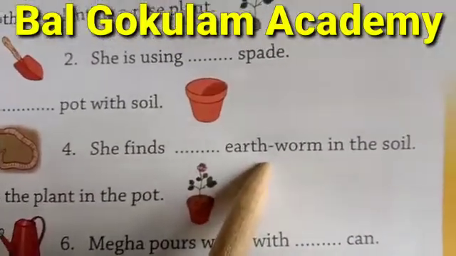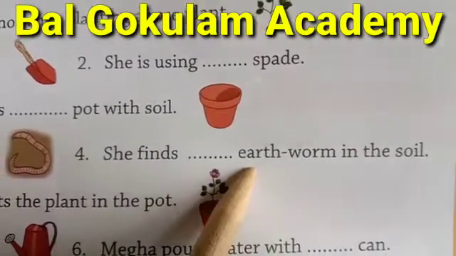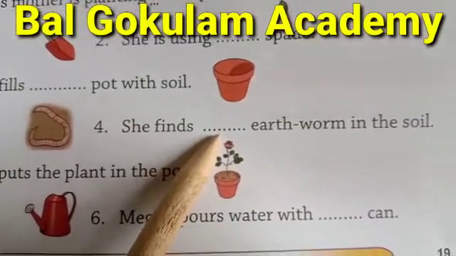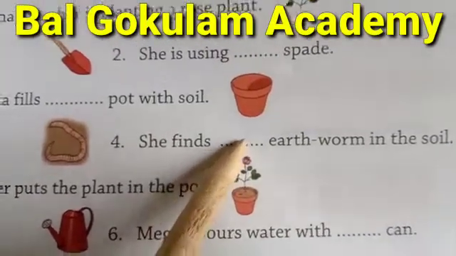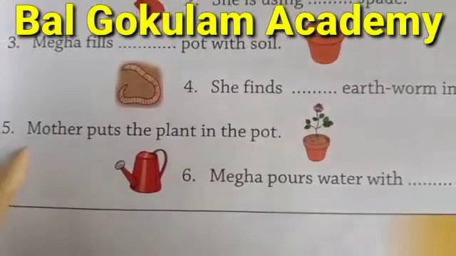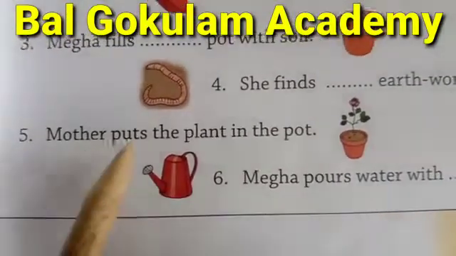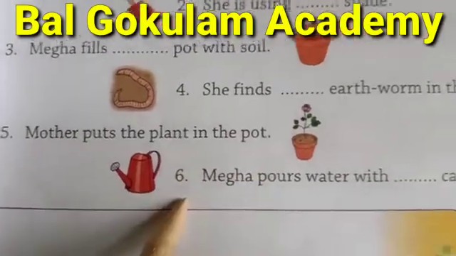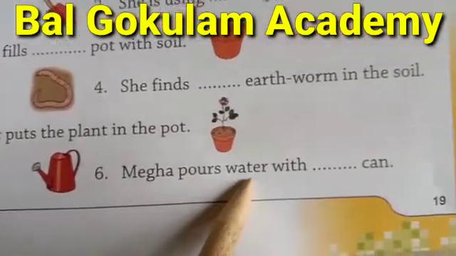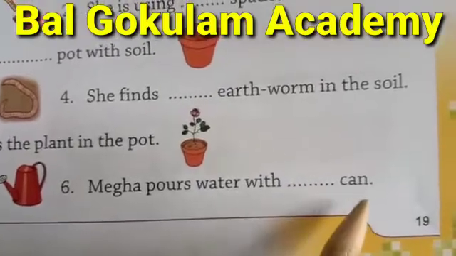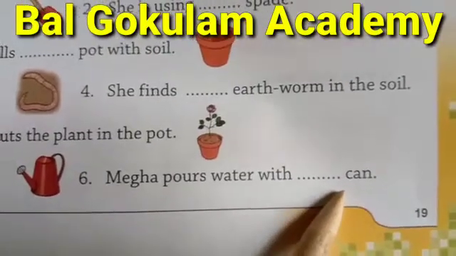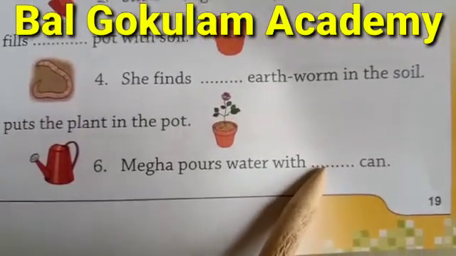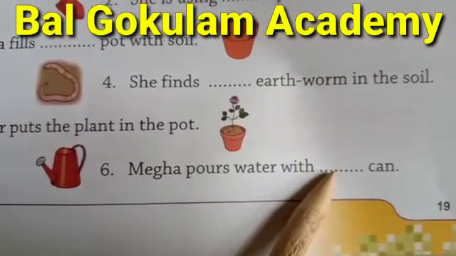Here the word earthworm begins with vowel sound, so we use here the article an. Fifth, mother puts the plant in the pot. Sixth, Megha pours water with a can. Here can starts with consonant sound, so you use here the article a.